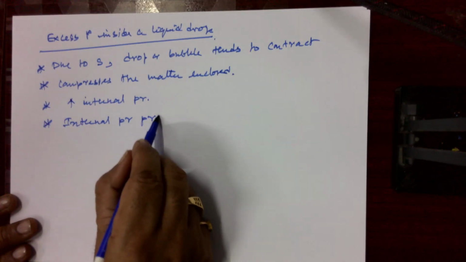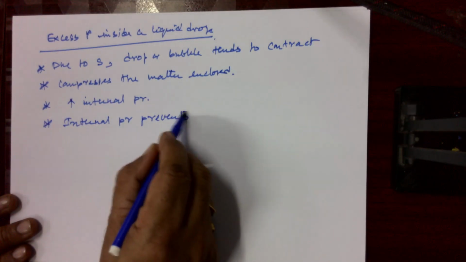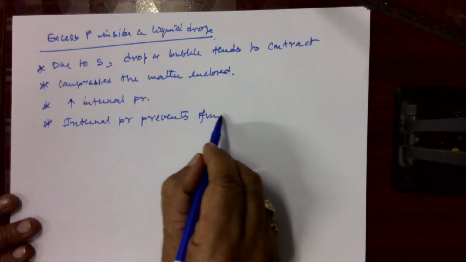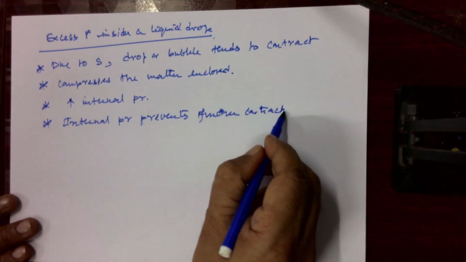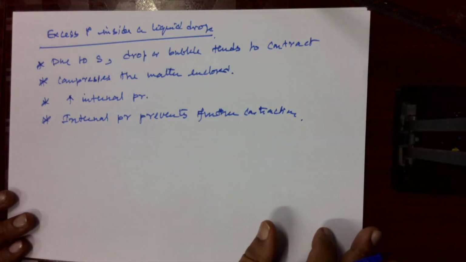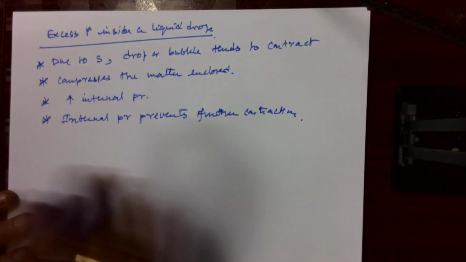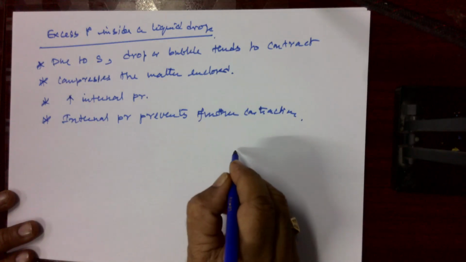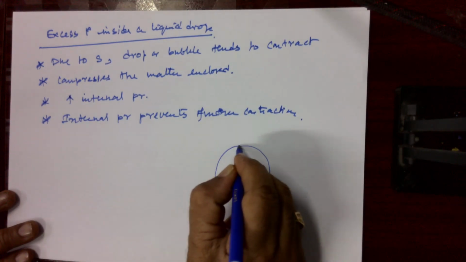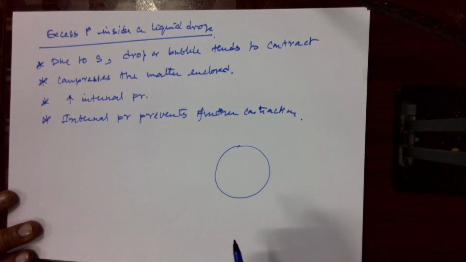Prevents further contraction. Do you understand this? Because now the surface, let me consider a bubble like this or a sphere like this.